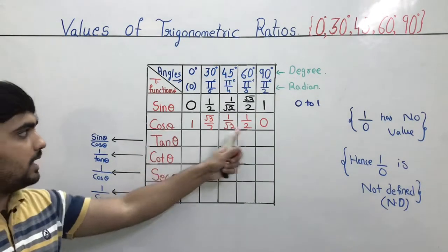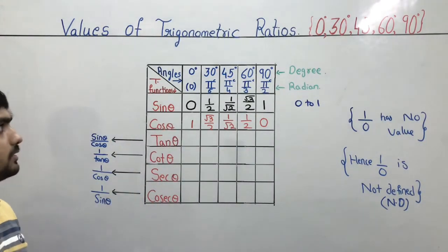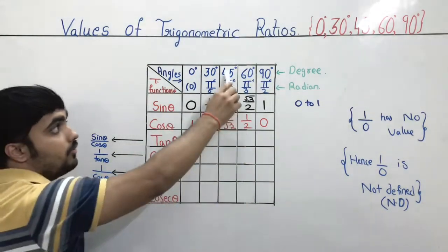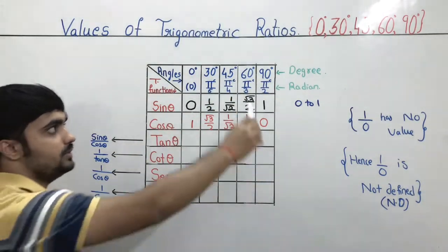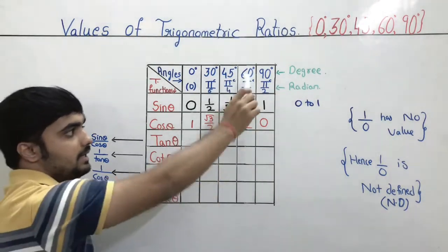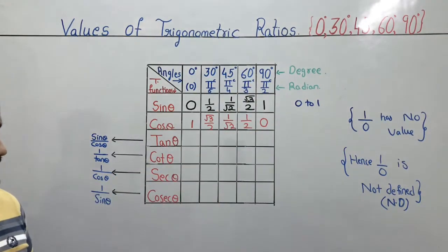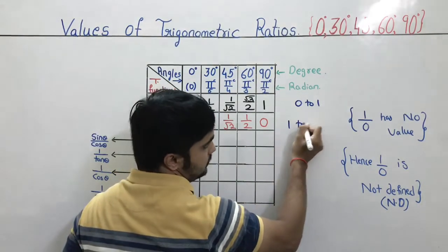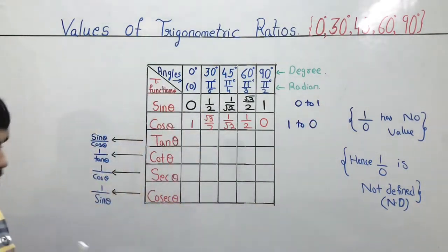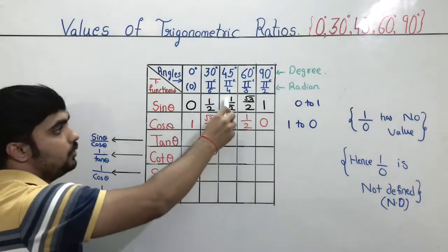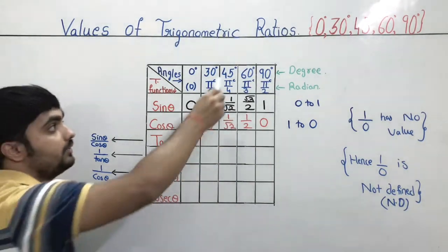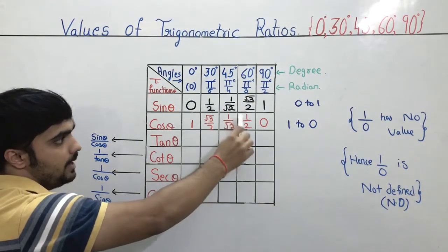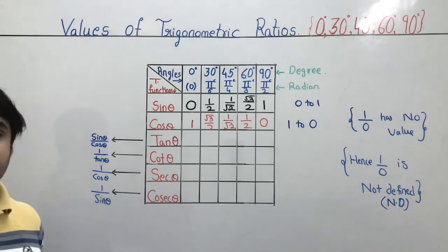So cos 0 is 1, cos 30 is root 3 upon 2, cos 45 is 1 upon root 2, cos 60 is half and cos 90 is 0. So cos starts with 1 and ends with 0. Also, the value at 45 degrees is 1 upon root 2 for both. We just have to exchange 1 by 2 and root 3 by 2.